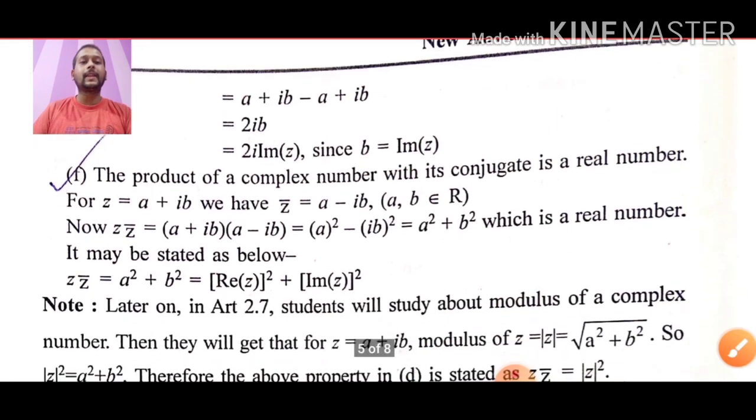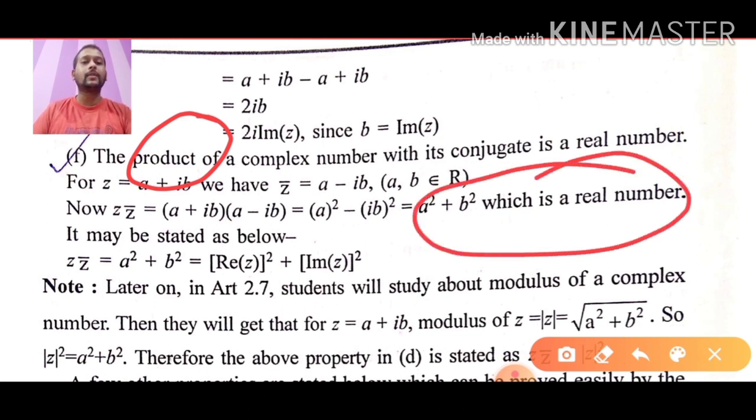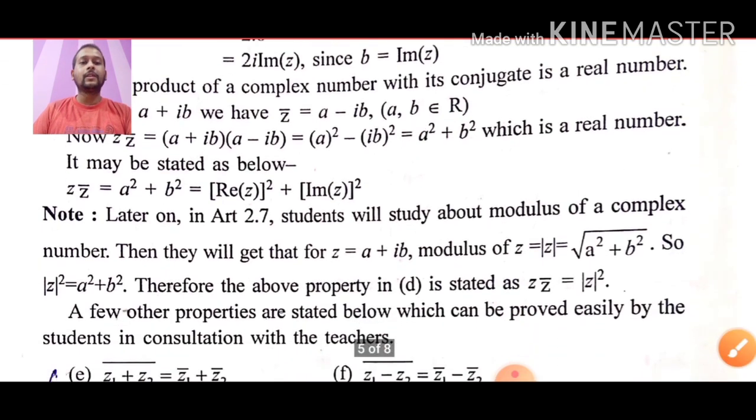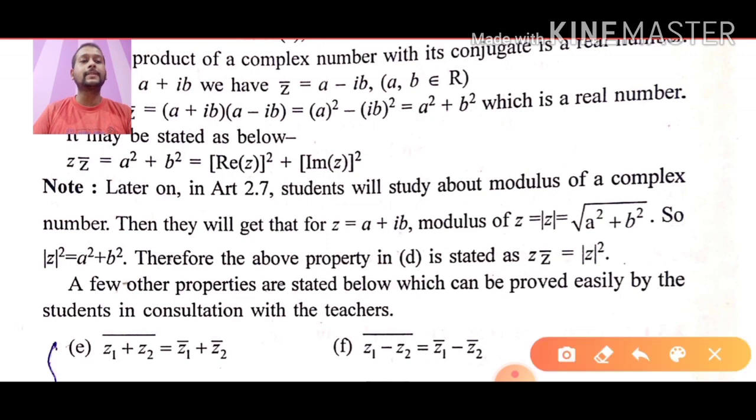Then again, the product of conjugates, I already told you, gives a real number, a square plus b square. I have given an example. This one you have to remember. This one is important: the modulus of a complex number.